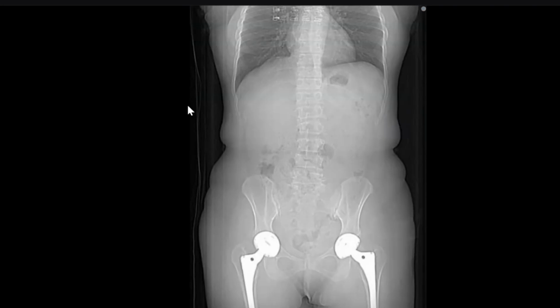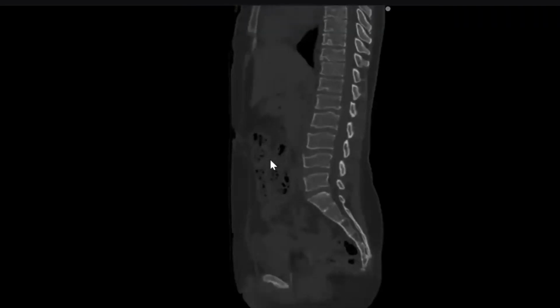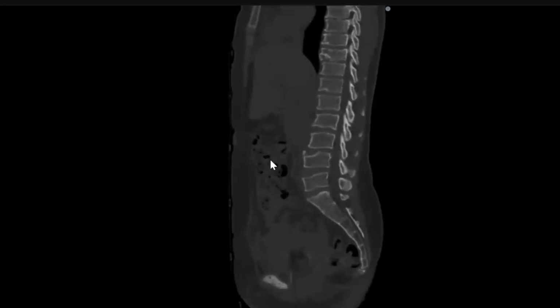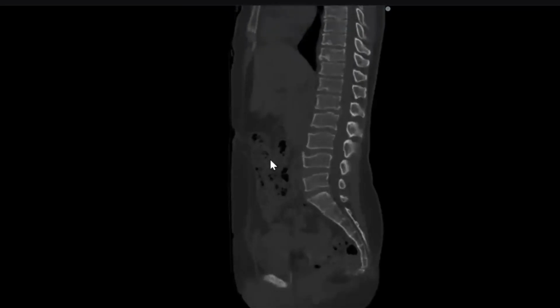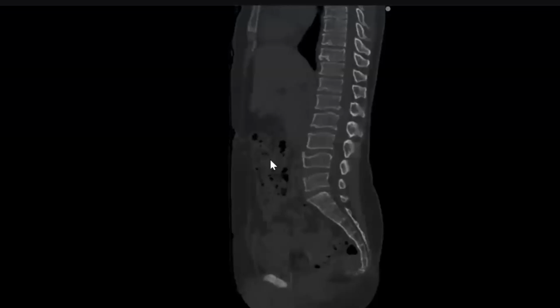Look here, please. By the way, doctor, this is a 35-year-old female patient, so don't talk about degeneration. I know, but it looks degenerative.